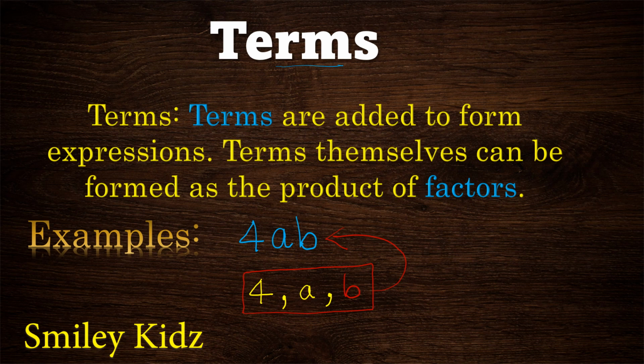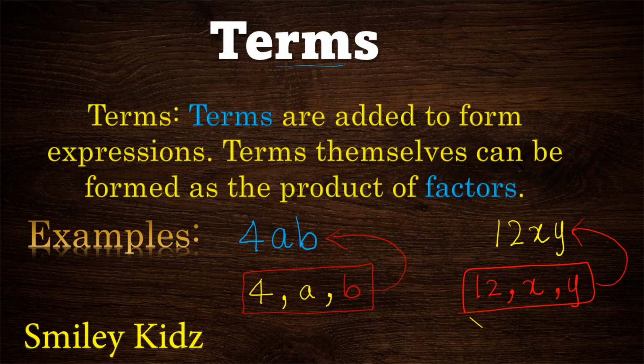Let me give you another example. I have 12xy. So here in this expression, we have 12x and y as the factors. So when we multiply 12x and y, we get 12xy as the product.